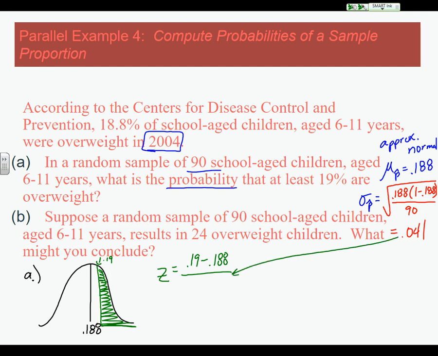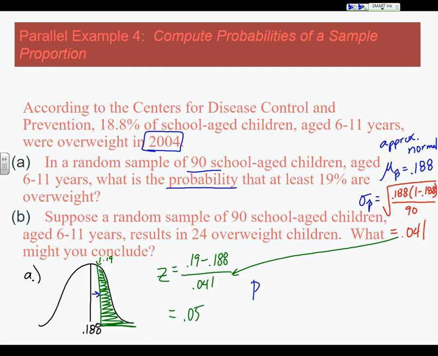So this is where this 0.041 comes into play. And that gives me a Z-score of 0.05, really small. Remember what that means. That's not my percent. That's how far away I am from the center. I am 0.05 standard deviations away from that center of 18.8. That's not very much, so I'm expecting something close to 50% on this.